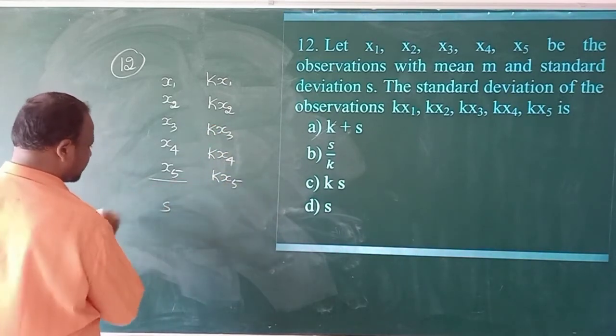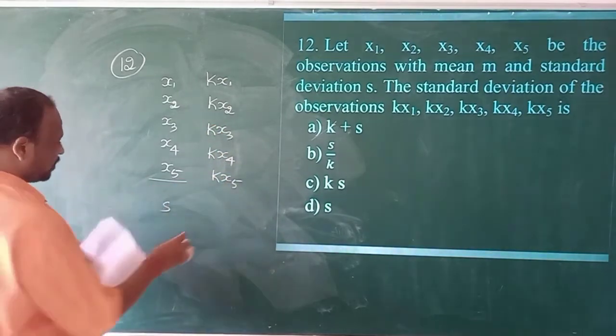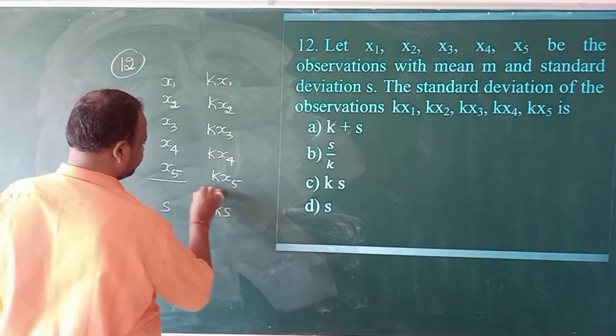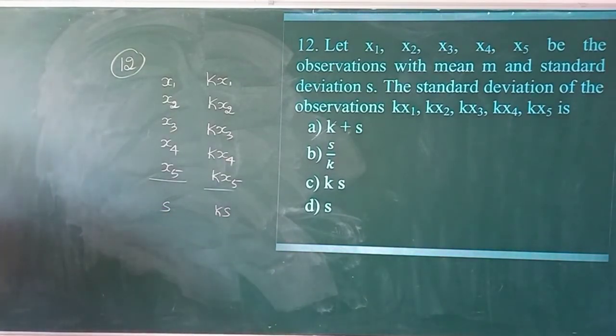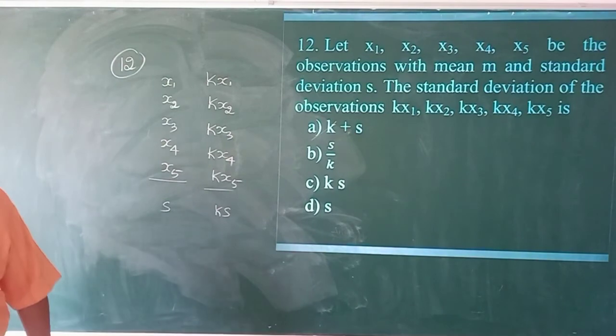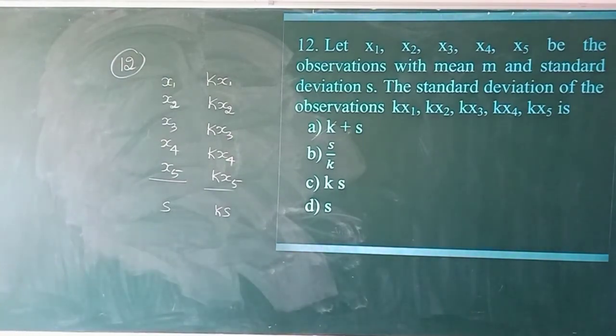The standard deviation is S. What is the standard deviation they are asking? This is Ks. Standard deviation is always multiplied by K. Whenever a constant is added, there is no change in the standard deviation.